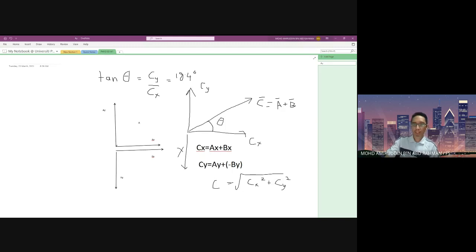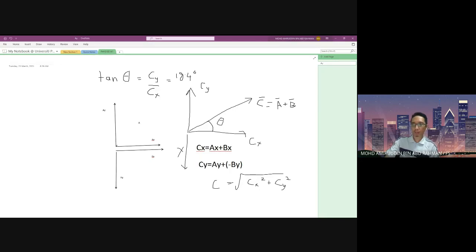Our BX is 0.95 cm, and our AX is 1.4. So BX is smaller than AX, so it would be a negative X component.